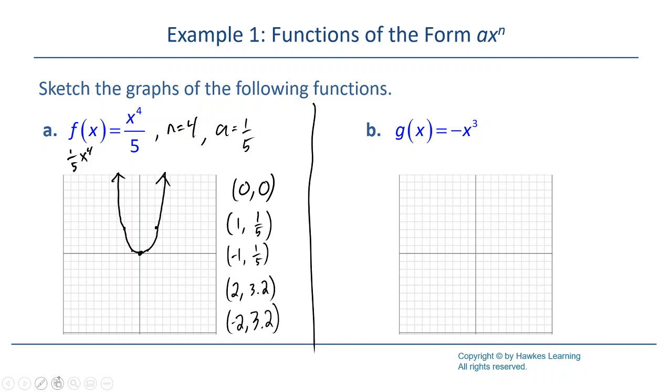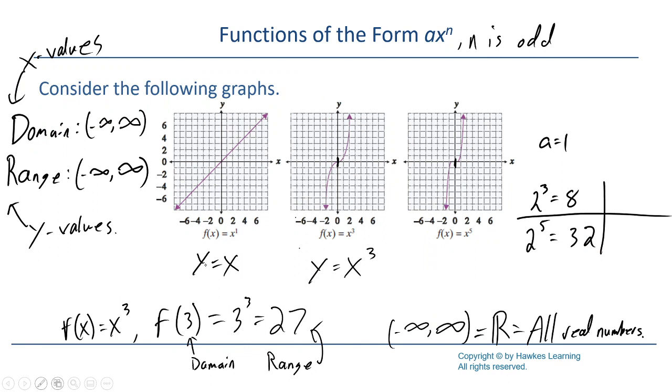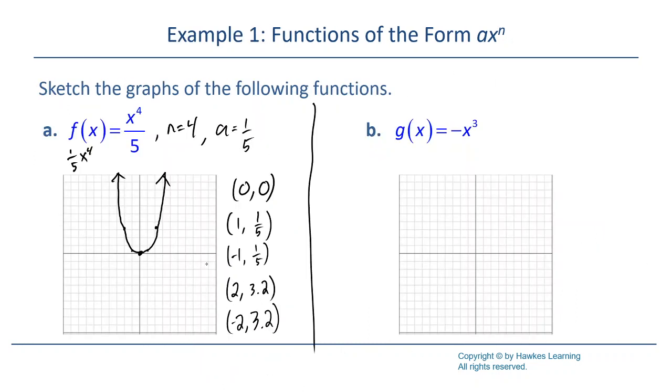Now, when a is not equal to 1, which is the case we have here, the previous functions are what we would refer to as parent functions. If you've heard that term before, it's just what's the general shape. Everything here and here, these are the parent functions. And anything with a different a value is derivative of that parent function.